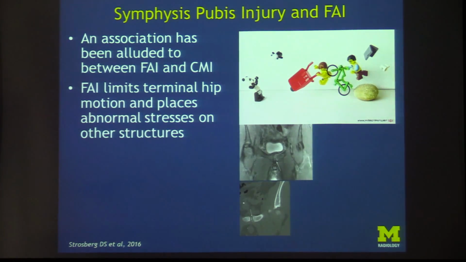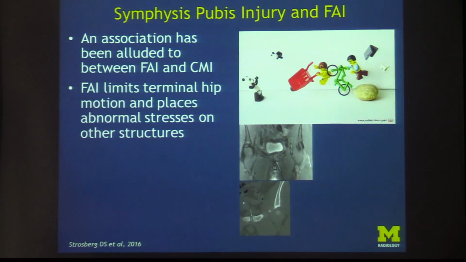So a few words about symphysis pubis in the hip. In some cases, symphysis pubis injury is associated with FAI. And the thought is that FAI limits the terminal hip motion and you've got abnormal stresses on the symphysis pubis. And here is a patient with a Pincer FAI, but you can also see the edema and fragmentation of the symphysis pubis in this young individual. So there may be a connection.